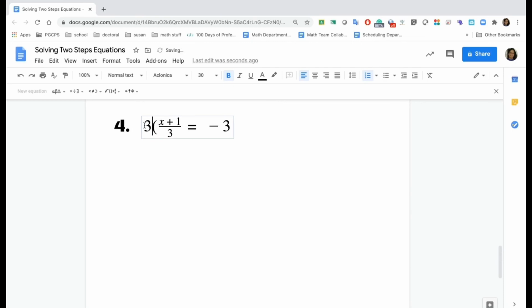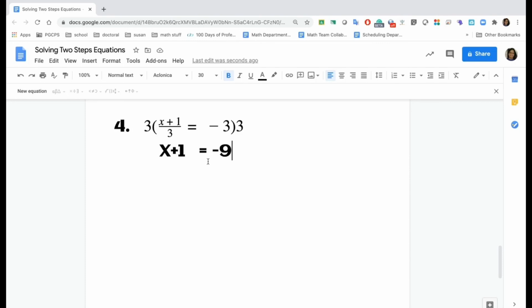So we multiply both sides of the equation by 3. And we cancel now. 3 divided by 3 will become 1. So the left side of the equation will be x plus 1, and the right side is equal to negative 9.